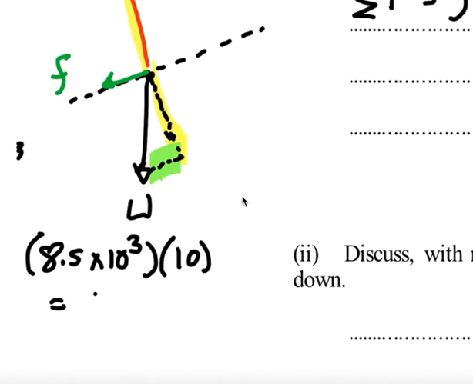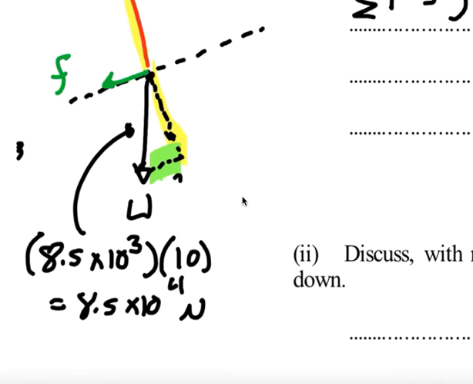That's 8.5 times 10 to the fourth newtons. But that's the weight. We want this little corner in here. That's going to be 8.5 times 10 to the fourth times the sine of 6 degrees, because that's our 6-degree angle right in there.